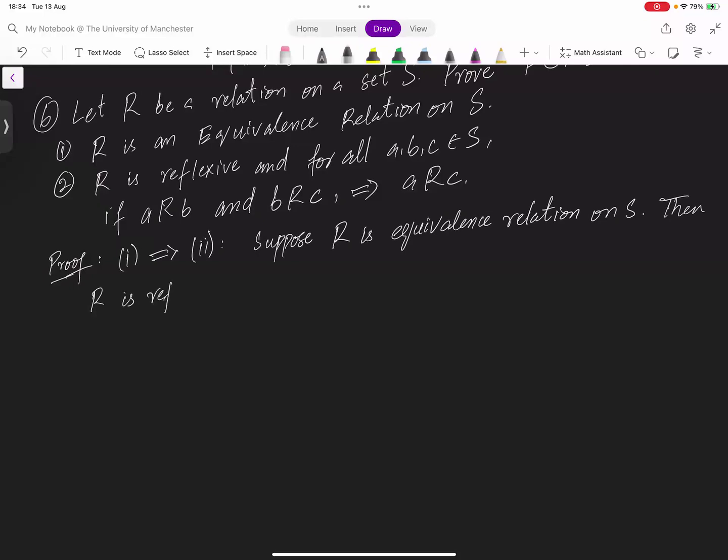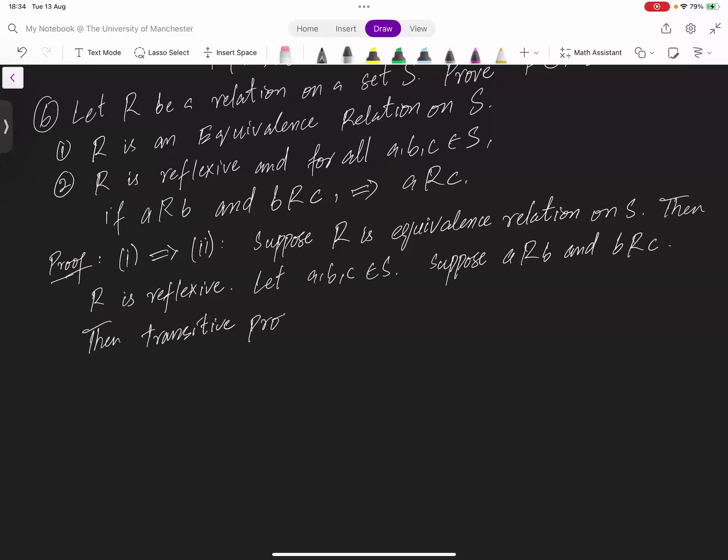R is reflexive, and let a, b, c belong to S, and we can suppose a is R related to b and b is R related to c, then the transitive property of R implies that a is R related to c.